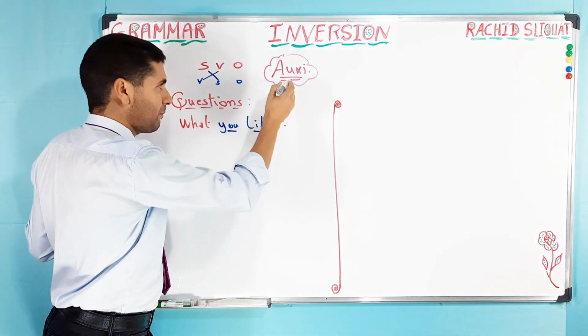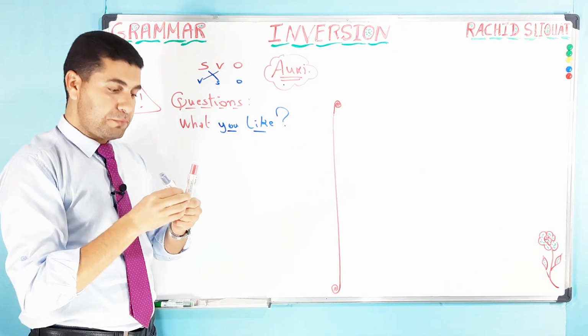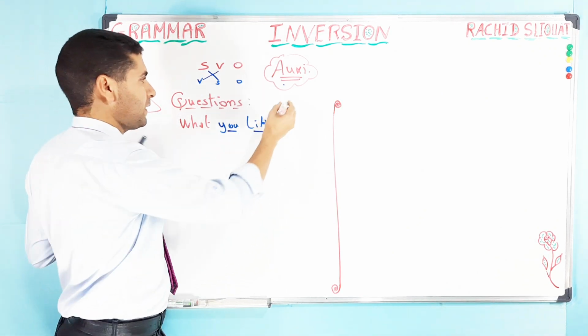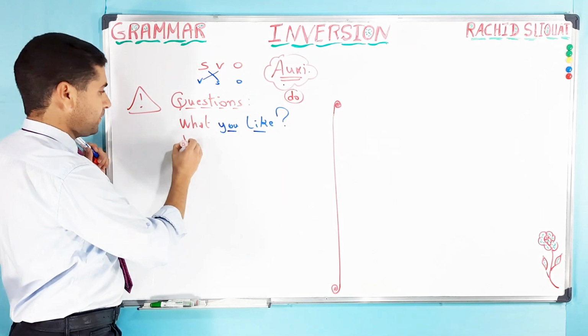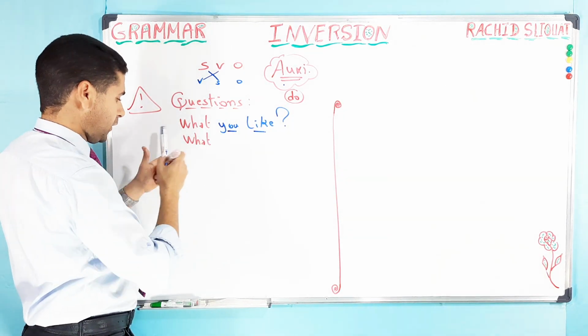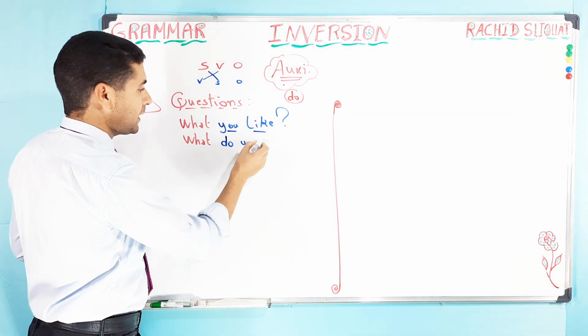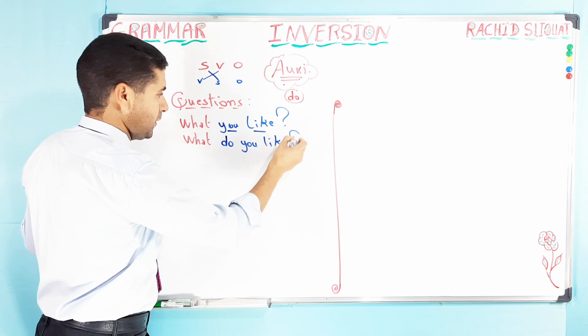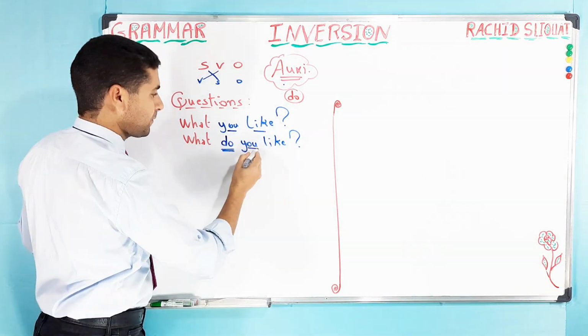Not this verb, but the auxiliary in the sentence. This one is in simple present, so the auxiliary verb is going to be the verb do. So we can say, "What do you like?" Here there is inversion of the auxiliary and the subject.